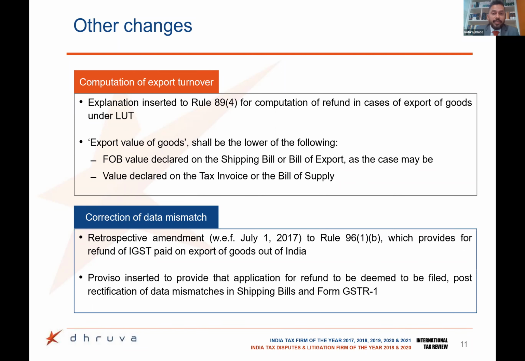To really understand its impact, in an unlikely situation, if an exporter misses amending his GSTR 1 or fixing these gaps for 2 years, his refund claim will be deemed not filed, and he may actually lose out on the benefit of a refund. Another impact is that since your date of filing the refund is getting postponed, any interest which the government will have to pay will also be computed from the postponed date.